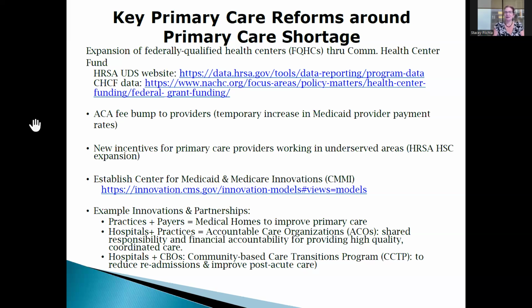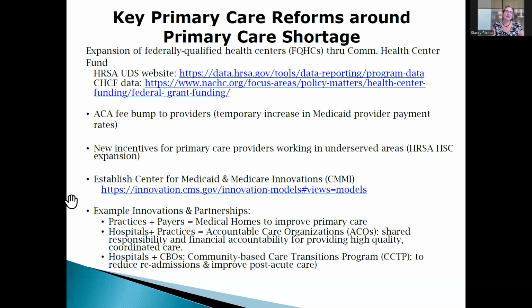So there are all kinds of primary care reforms, all kinds of policies trying to reduce the primary care shortage. And I'm not going to spend a lot of time on this slide. I know it's busy. I'd encourage you to look at it on your own. You can go to a couple of websites to see what's happening with the expansion of federally qualified healthcare centers. The Affordable Care Act had a temporary bump increase in Medicaid provider payment. There are new incentives being offered for care providers working in underserved areas.